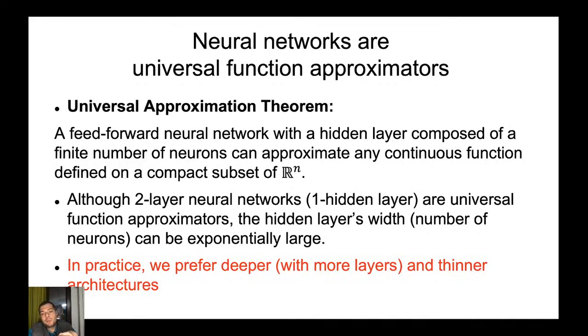There are some practical results, but also some theoretical results, that show that deeper networks with fewer neurons are equivalent to shallower networks with an exponentially higher number of neurons. So in order to reduce the number of neurons required and to be able to train the models, we prefer to increase the number of layers and use fewer neurons on each layer.